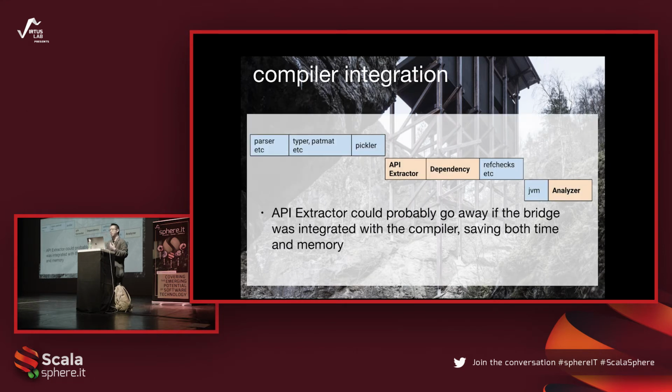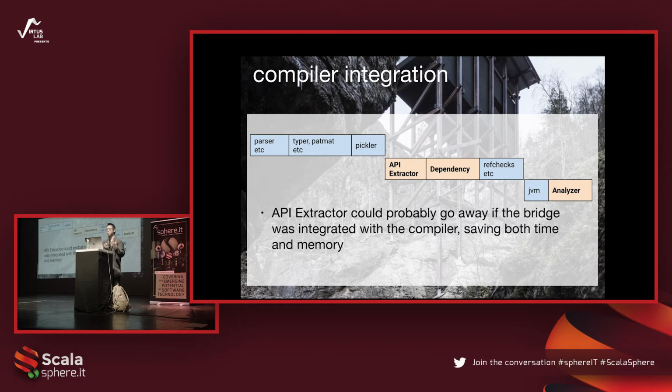One of the interesting ideas I think many people have presented is that phase I mentioned, the API extraction, in order to do the name hashing. The compiler knows this stuff, right? That's what Pickle basically is. Pickle is able to do separate compilation, so it has enough information to do that.